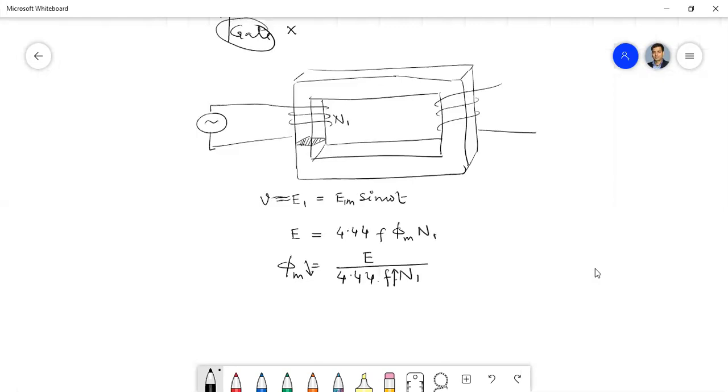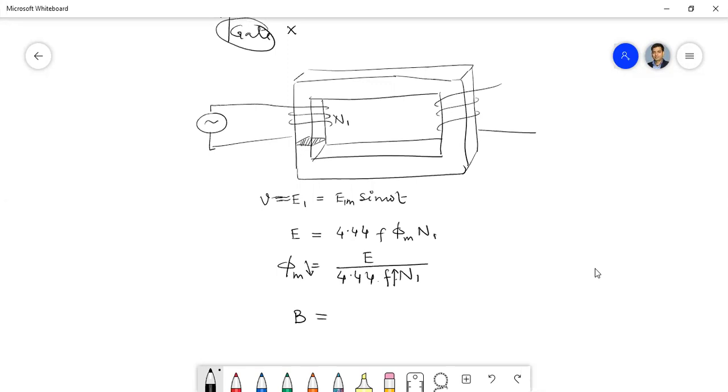Yes, sir. So that means the flux requirement to develop the same voltage, or the same power transformation, will be less. Okay, so let us write like this. Now what is your flux density?